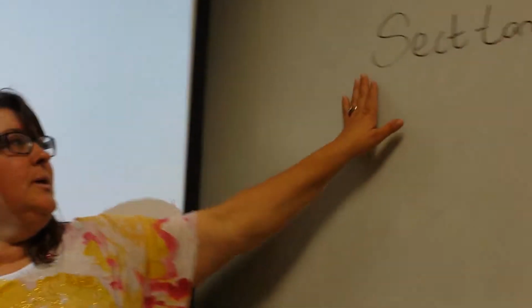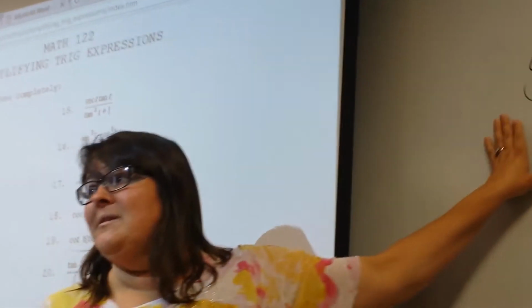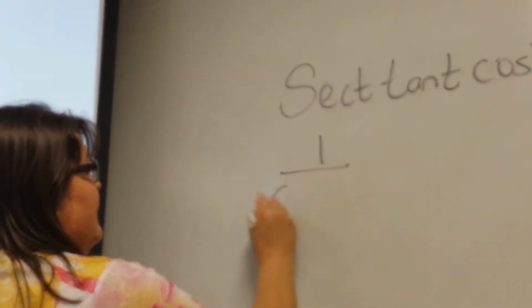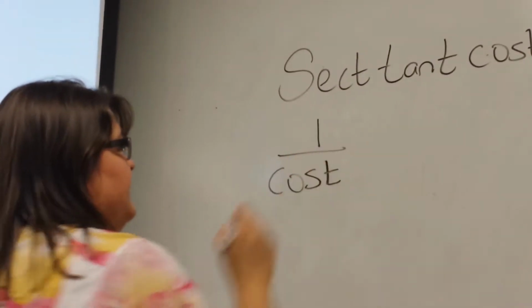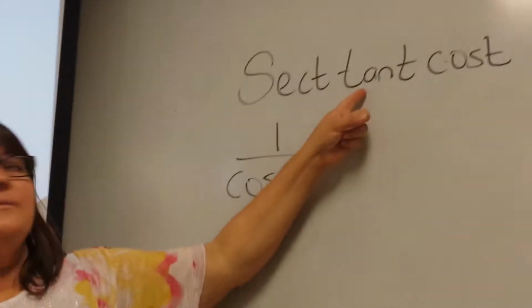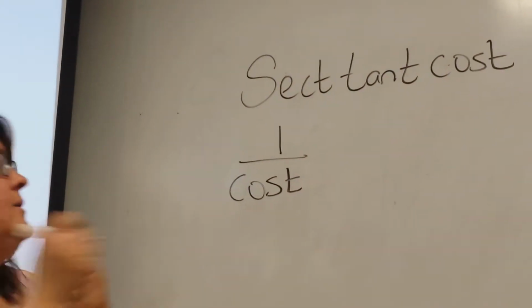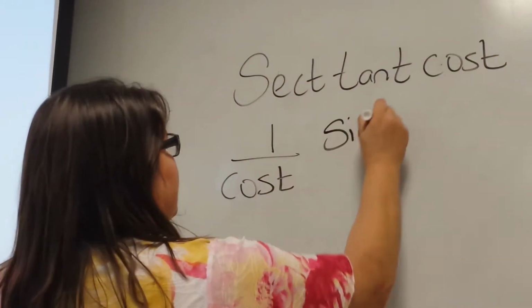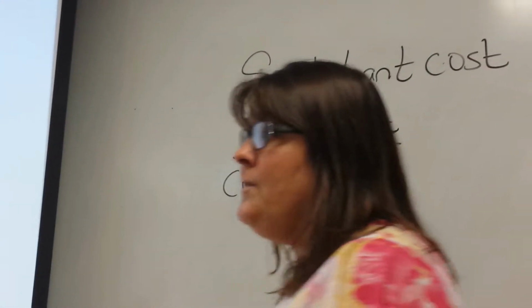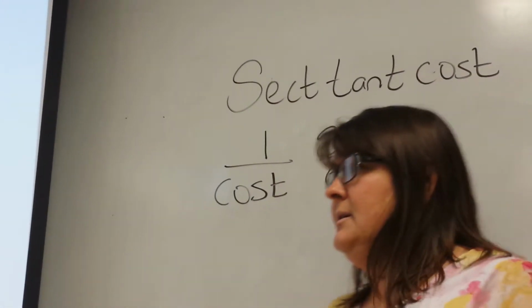What is secant equivalent to in terms of sines and cosines? 1 over cosine. So I'm going to rewrite it as 1 over cosine of t. Everybody good? What's the next guy in terms of sines and cosines? It's sine over cosine. And last but not least, cosine is already cosine, so I'm going to leave it.